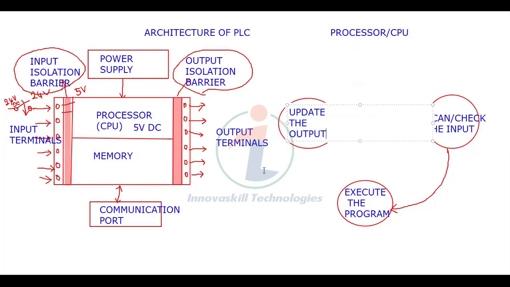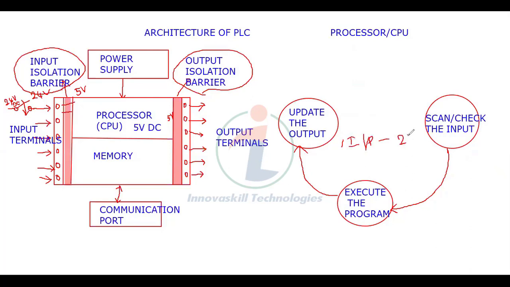Update the output in the sense, based on the program it will check which output should be activated, and in that output terminal it will give that 5 volt. For example, according to my program, if first input is activated, second output should be activated.